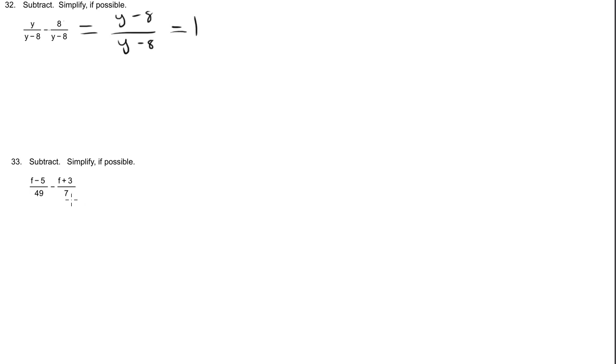Subtract, simplify if possible. Now for this one, maybe this is the dumb problem because we're going to have to do more work. We're going to have to multiply this top and bottom by 7 so that our denominators match.